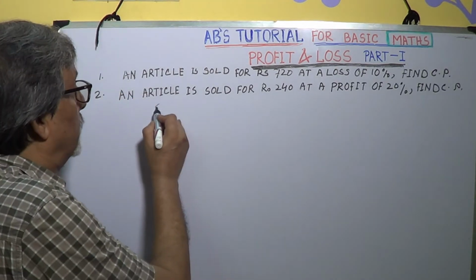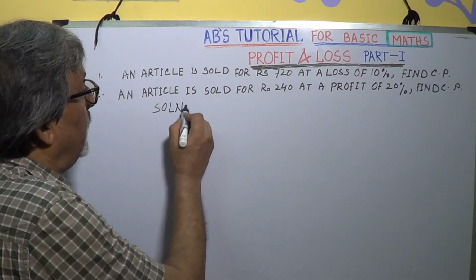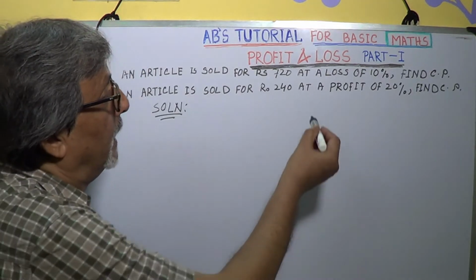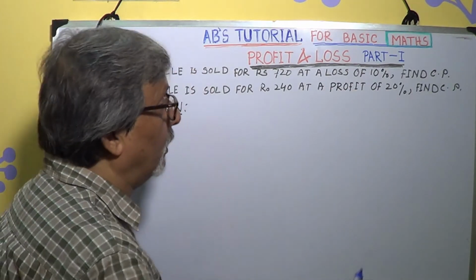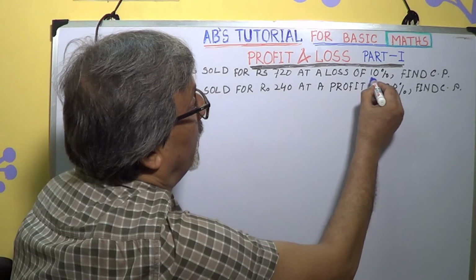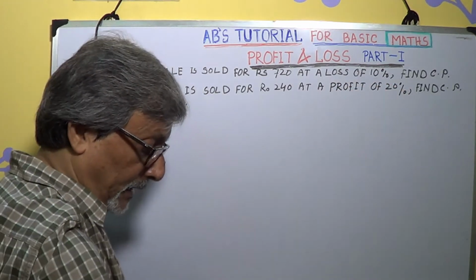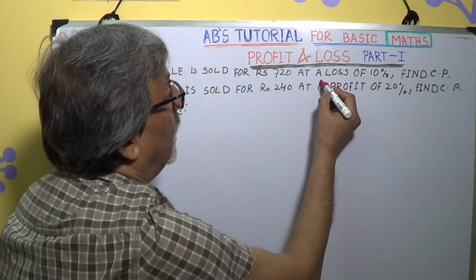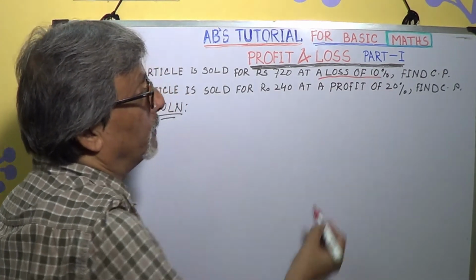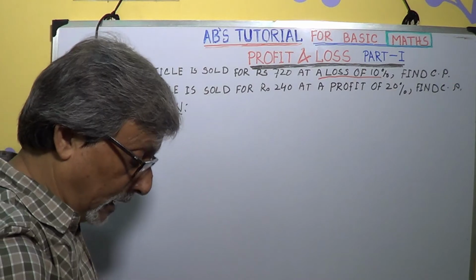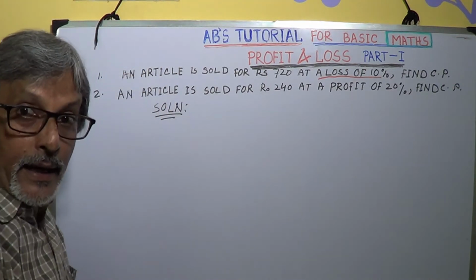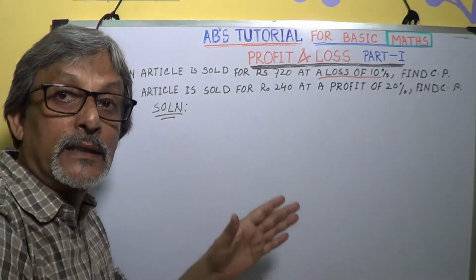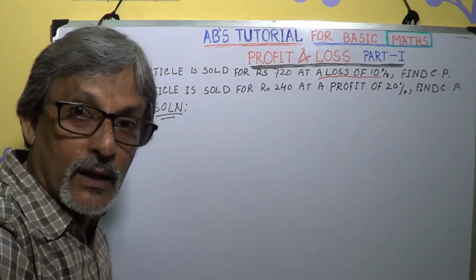The solution. From our previous discussion, we know that at a loss of 10% means, if the cost price of the article is 100, then the SP is 10% less, rupees 10 less than the cost price.